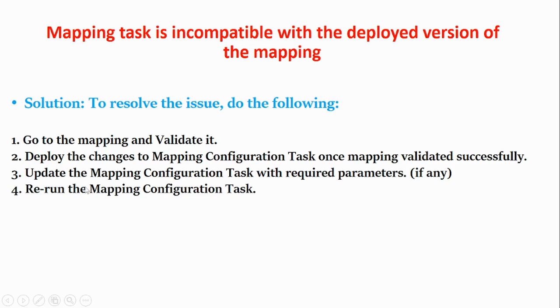Third, update the mapping configuration task with the required parameters. For example, if you have parameterized the connection, give the value of that parameterized connection in the session, and rerun the mapping configuration task, then your problem will get resolved. These are the simple steps you have to follow.